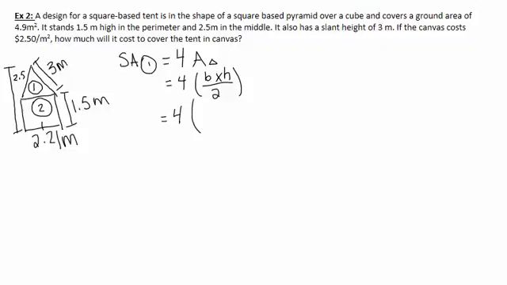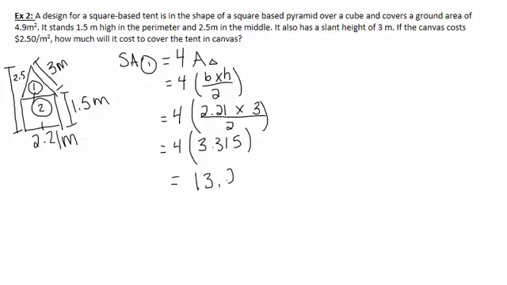We know that the base is going to be 2.21 meters. We know that the height, or the slant height, is going to be 3 meters. And that works out to be 3.315 for a grand total of 13.26 meters squared for the top shape.